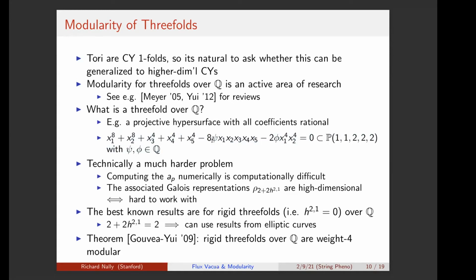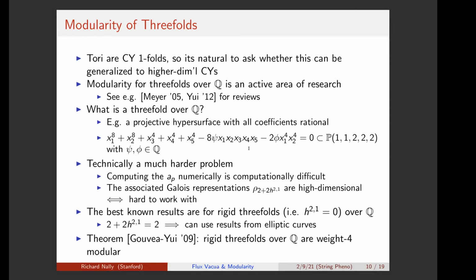And if I pick my coefficients psi and phi to be rational, this descends to a polynomial over Q just by restricting all my x's to be rational numbers. And so if psi and phi are rational, I can do point counts on this variety, and I can ask for modularity. But modularity for threefolds is technically a much harder problem than modularity of elliptic curves.